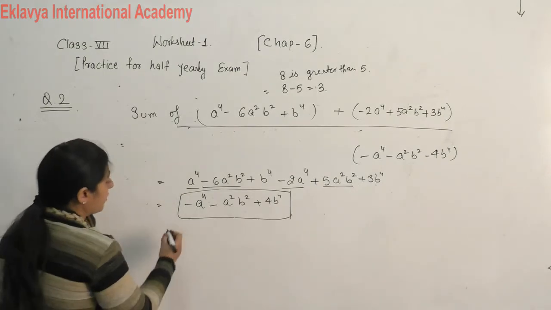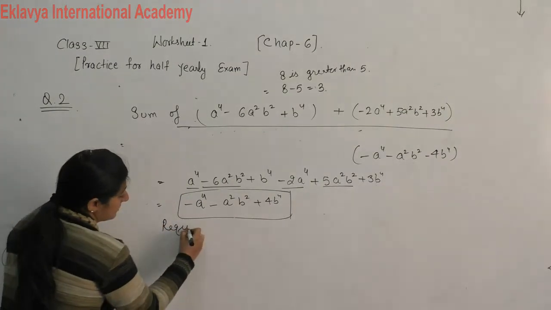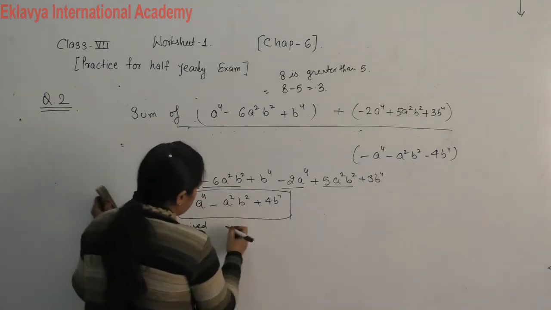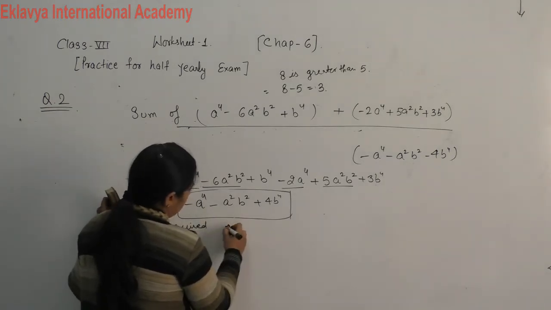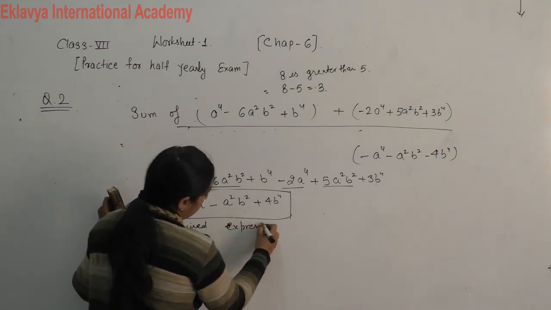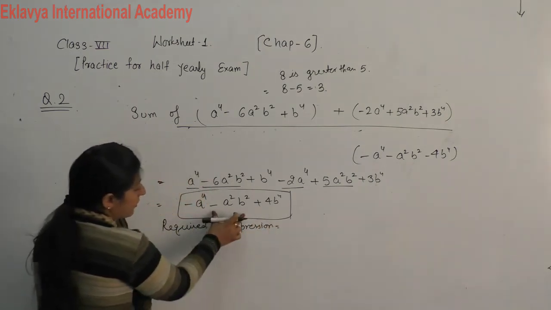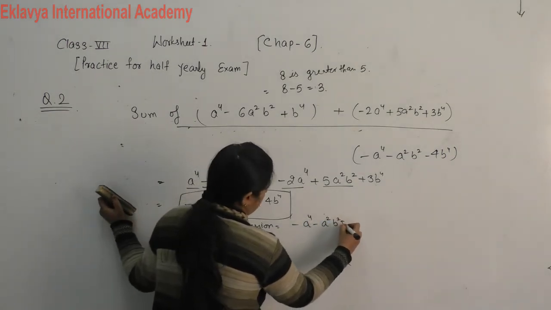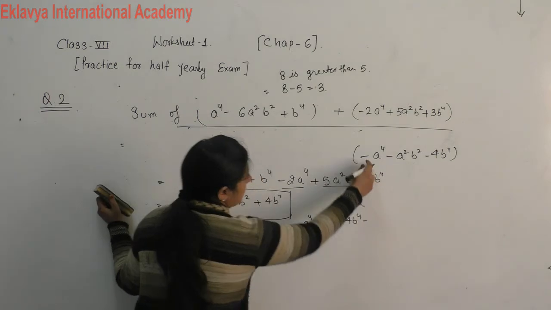Then we can find out the required answer. The required expression: this one sum minus this one sum.